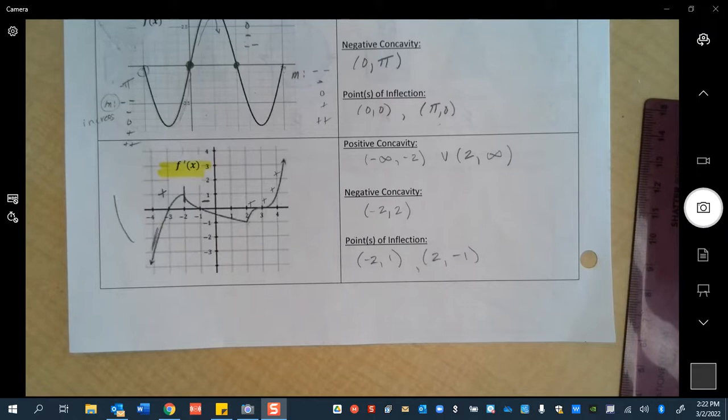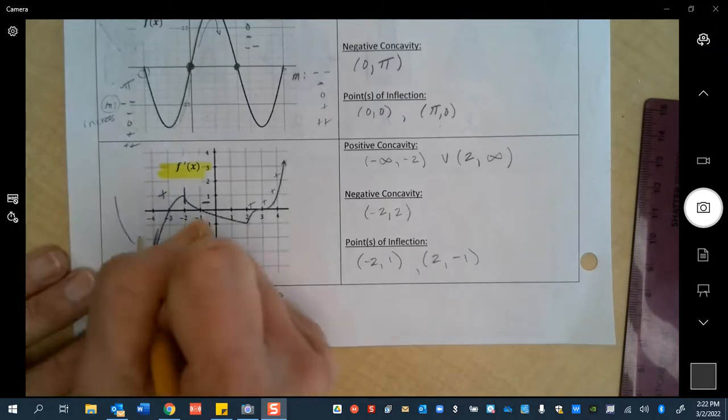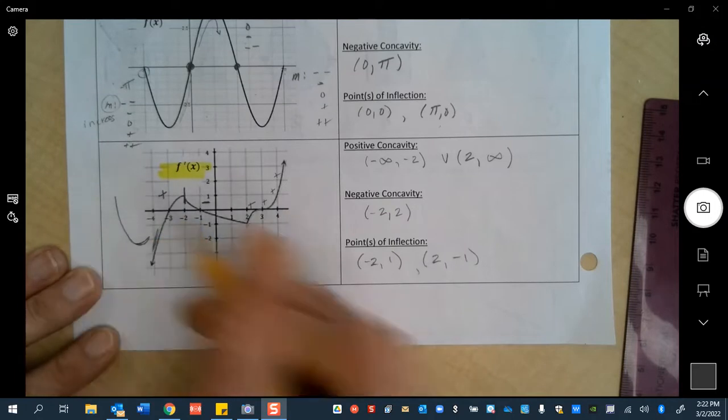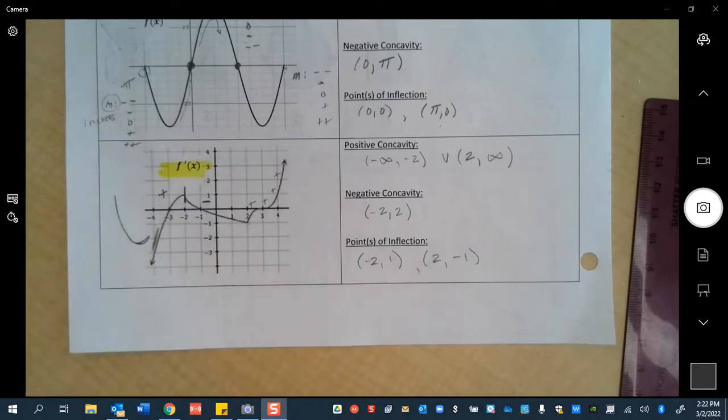I have a slope of -3, I have a slope of -2, I have a slope of -1, I have a slope of 0, I've got a slope of 1. That whole story looks like this. A slope of -3, a slope of -2, a slope of -1/2, a slope of 0, a slope of 1.